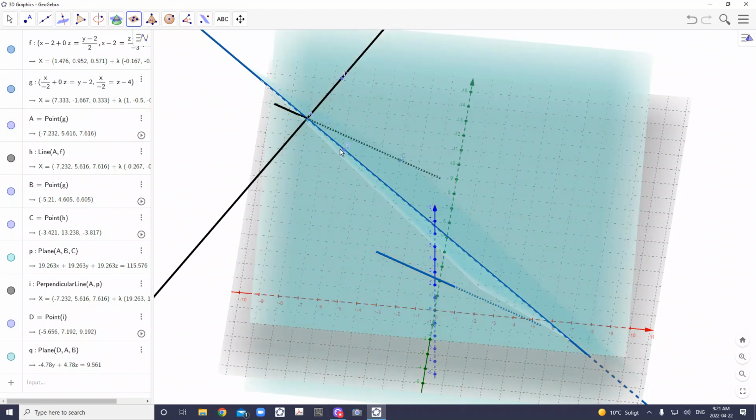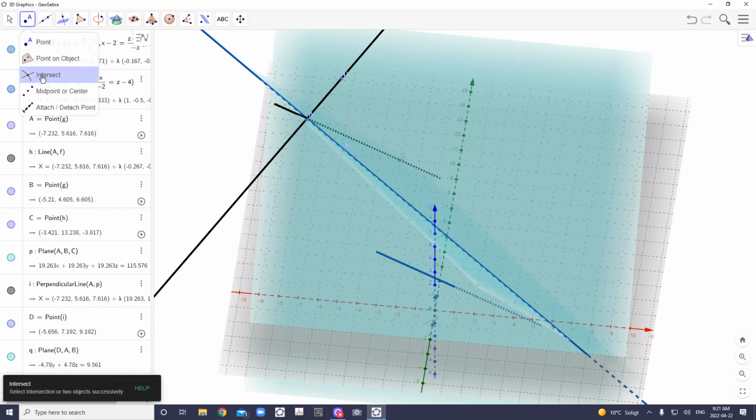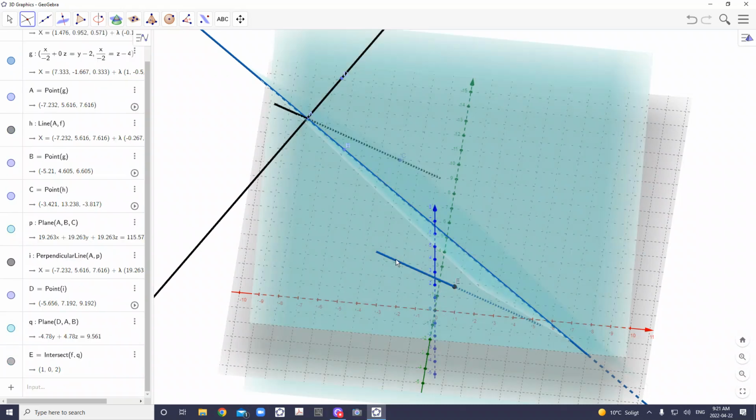Yes? And then I get another plane. But then I have to ask GeoGebra to find the intersection between this plane that I just drew and the original line that I didn't do anything with so far. So I will ask GeoGebra to find the intersection. Hopefully I can do that. This plane and this line. I got point E. Is that right?